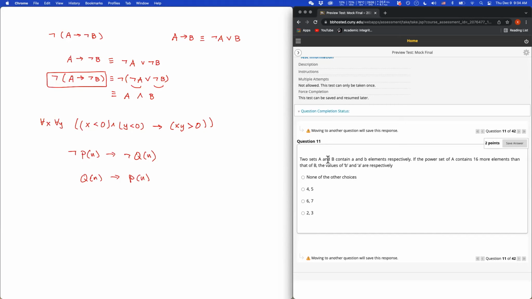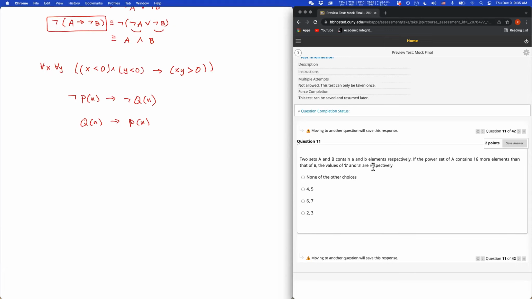Okay, next, you'll have two sets A, B containing a and b elements respectively. And if the power set of A contains 16 more elements than the power set of B, now it's asking what's the value of b and a respectively.